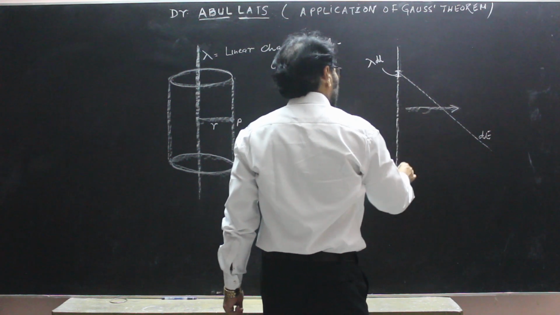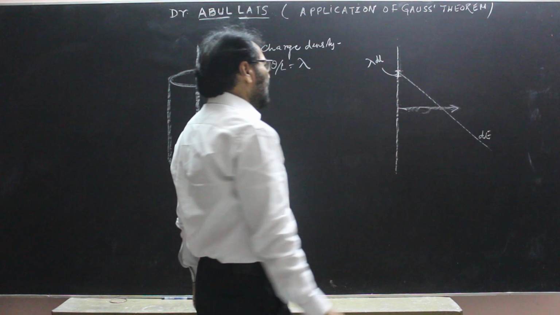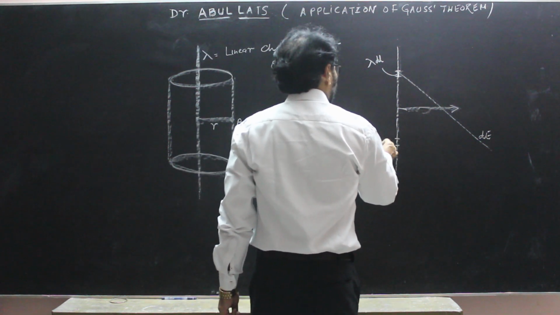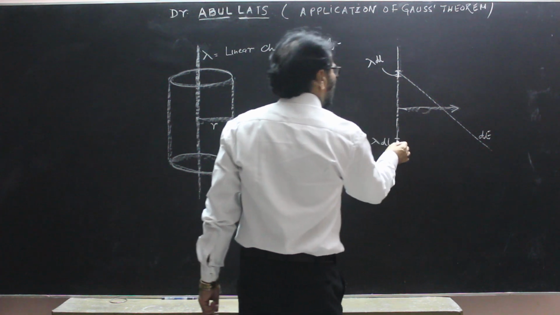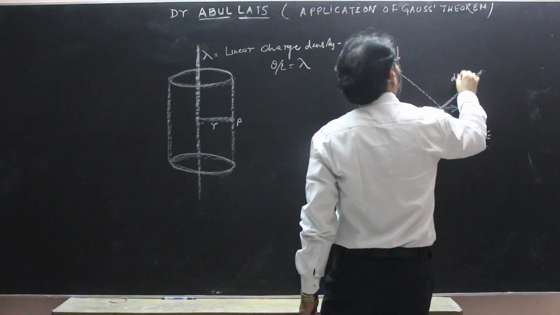Again, as the conductor is infinitely long, we can get a corresponding charge element, again lambda dl, and due to this, of course, the electric field is like that.